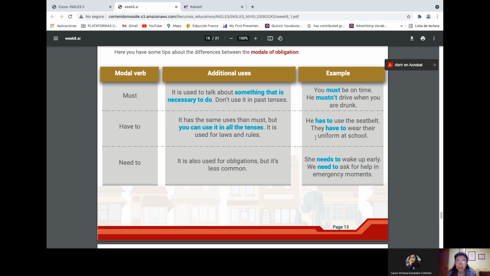Laura Viviana, can you read the examples that we have with needs and need, please? Laura, can you hear me? Yes, teacher. Laurita, can you read example number 1 and number 2?